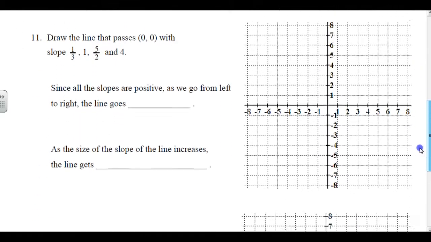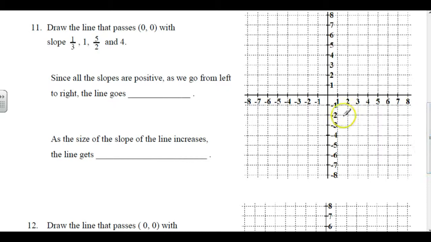Draw the line that passes through (0, 0) with slope 1/3. This time we use different colors, so let's try this. The slope is 1/3. Go up 1, right 3. Go up 1, right 3.